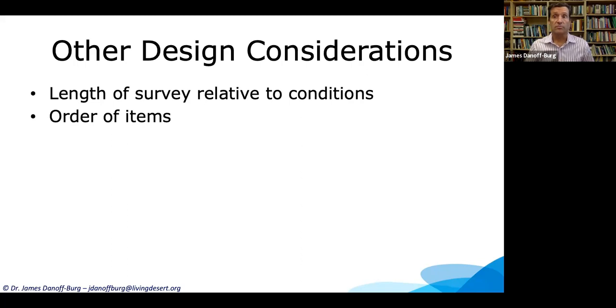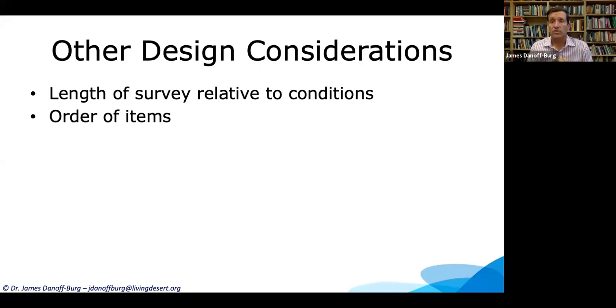So maybe you are a bit more involved with your survey. Maybe it's more like 20 or 30 questions. Or even more to the point, if you are providing them an incentive, maybe a cold drink or something as a note of thanks for their time, you could add even more questions. So the length of the survey should be appropriate for the conditions in which you're doing the survey.